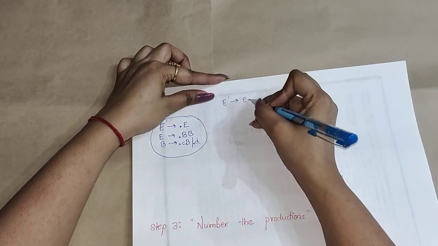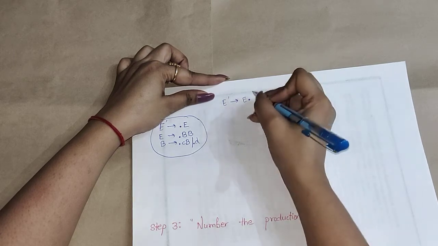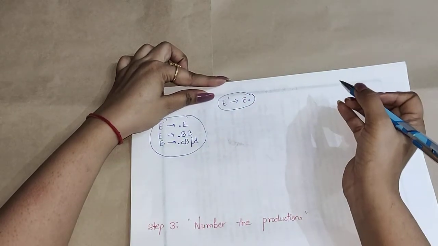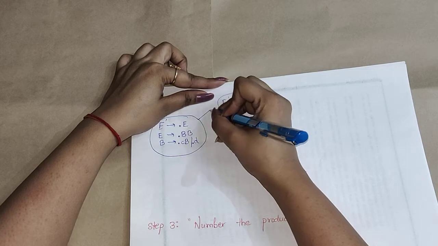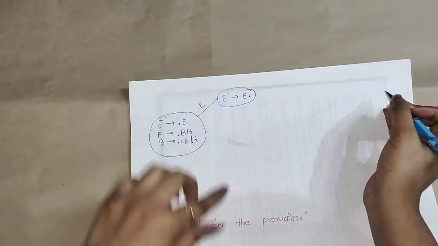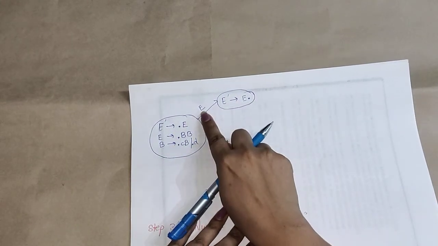Now check, is there any non-terminal in the right hand side of this dot? No. So we'll stop here and this will be the next state of our diagram. So what is this? This is E dash to E dot. This is a transition of this state to this state on E.